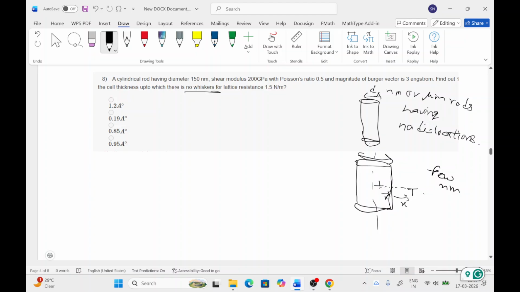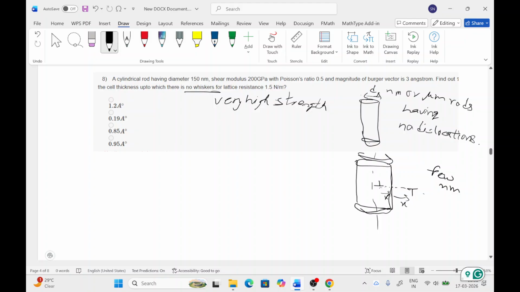And as the material is free of dislocation, the strength of that material will increase very high. So whiskers are known for the very high strength. So this is for that small scale.